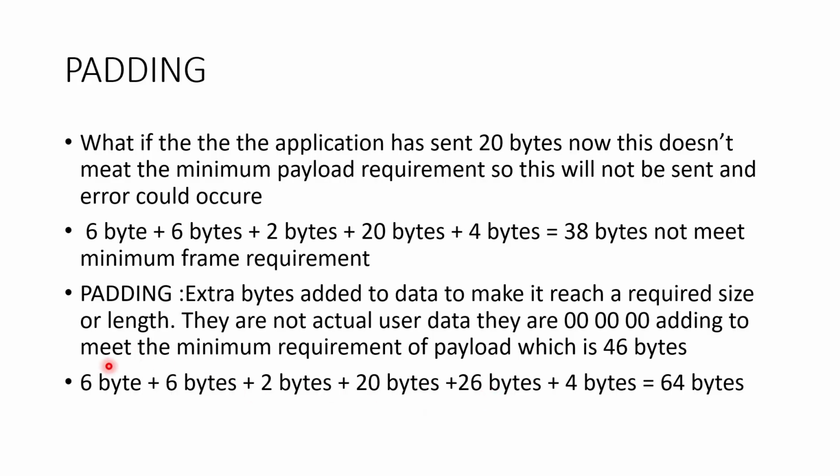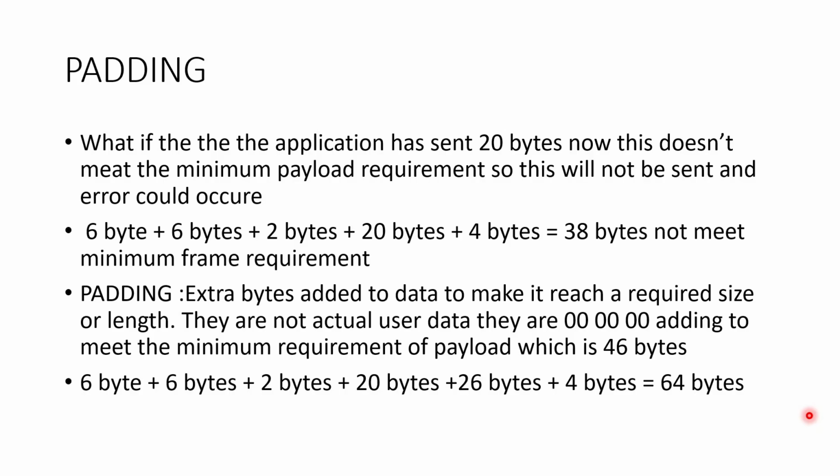So together, when we combine it with the other fields in the Ethernet header, we are going to get the 64 bytes. So this is okay because the minimum frame size is 64, and the minimum payload size is 46 bytes. So this frame is now going to be transmitted from one device to another device because it has reached the minimum requirement of the frame to be transmitted from the source to another device.